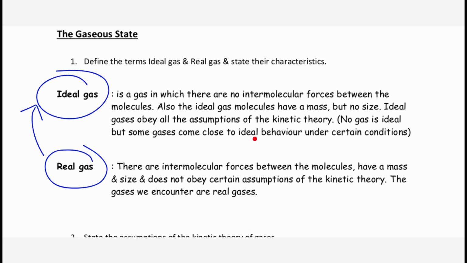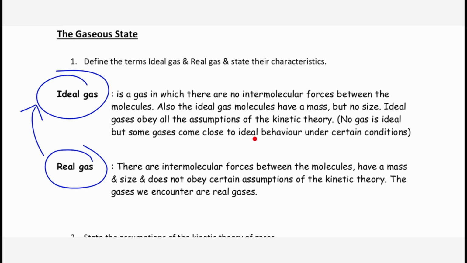Another characteristic of ideal gas is that ideal gases have a mass just like a real gas, but there's no size, meaning it doesn't occupy space at all. Then again, this is something hard to imagine. It has a mass, but it doesn't occupy any space in a container, meaning the size is negligible. And the ideal gases obey all the assumptions of the kinetic theory.